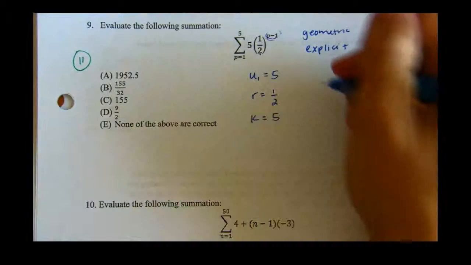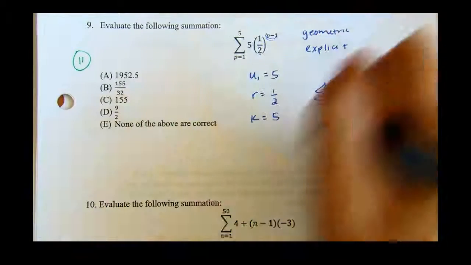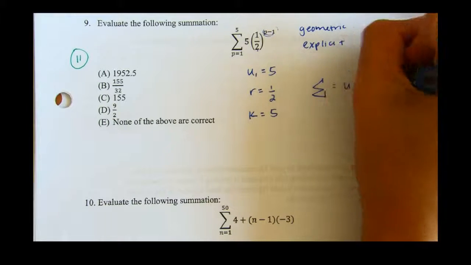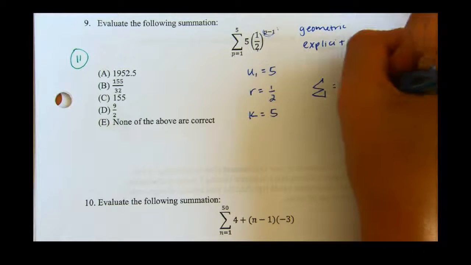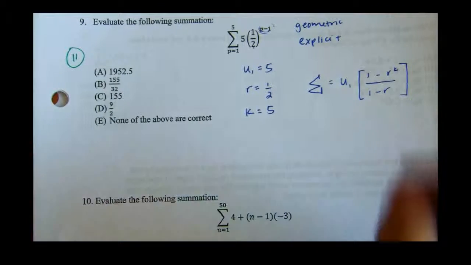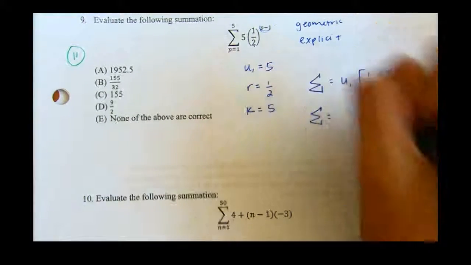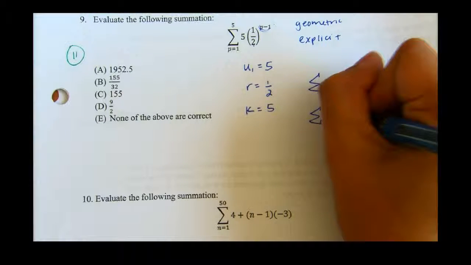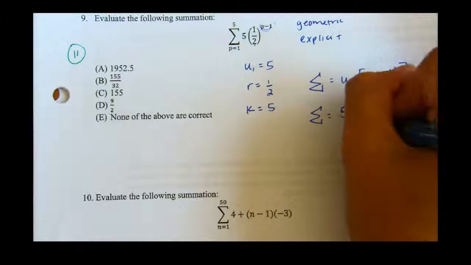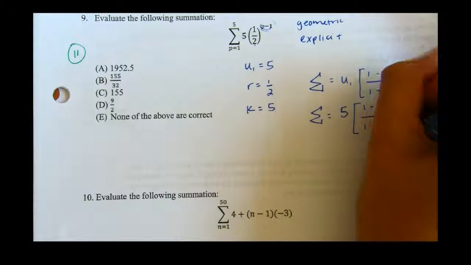That's all the information I need to find a geometric sum, which I know the formula for that is u sub 1 times 1 minus r to the k over 1 minus r. So I'm going to substitute in what I know. My sum is equal to 5 times 1 minus 1/2 to the 5th power over 1 minus 1/2.